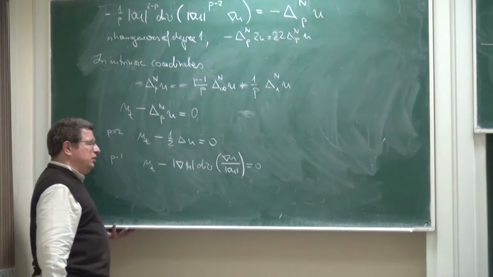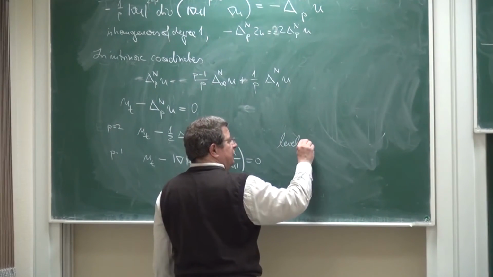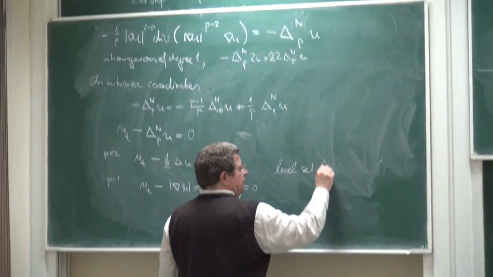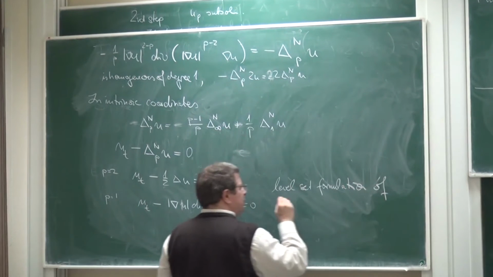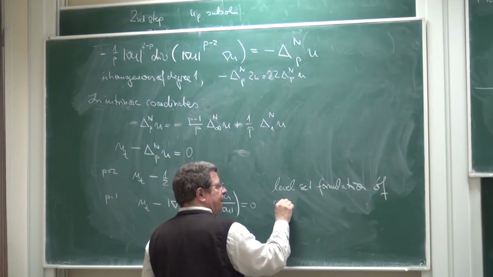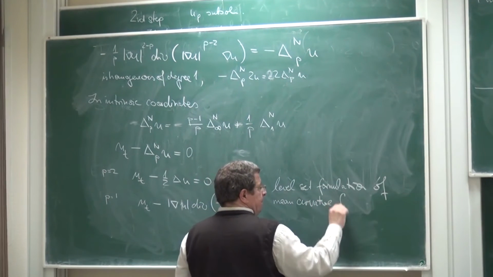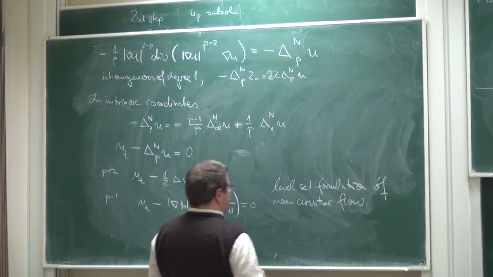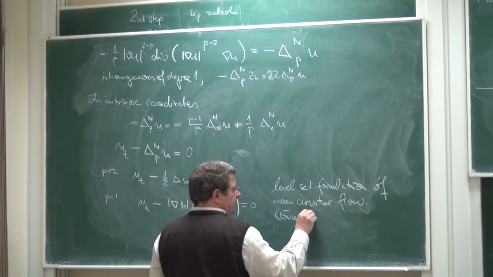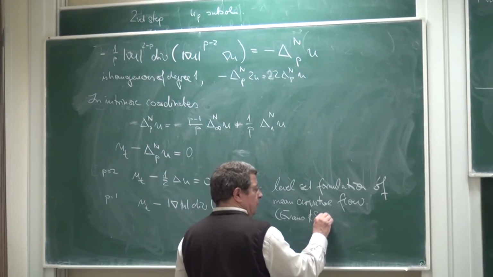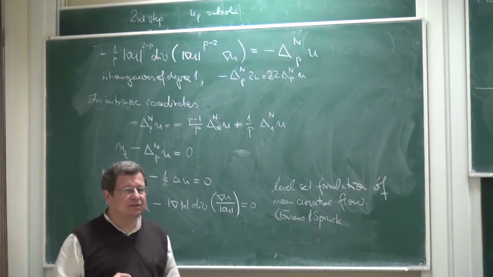This is an equation which shows up in the level set formulation of mean curvature flow. And there has been a series of papers by Evans and Spruck, maybe in the 1990s.